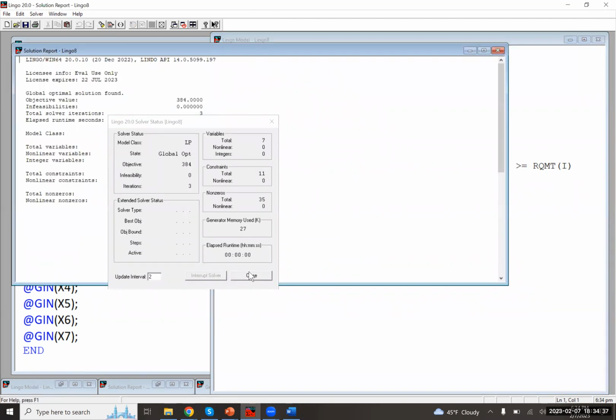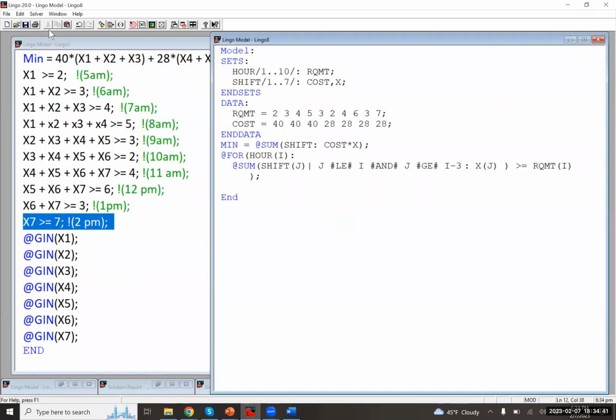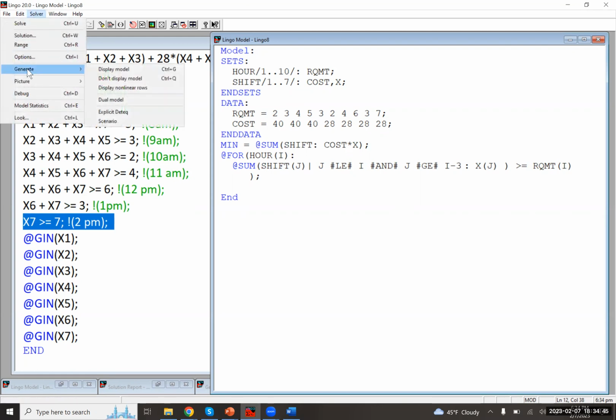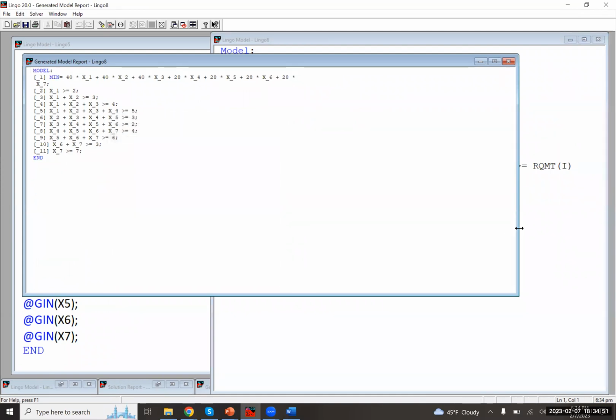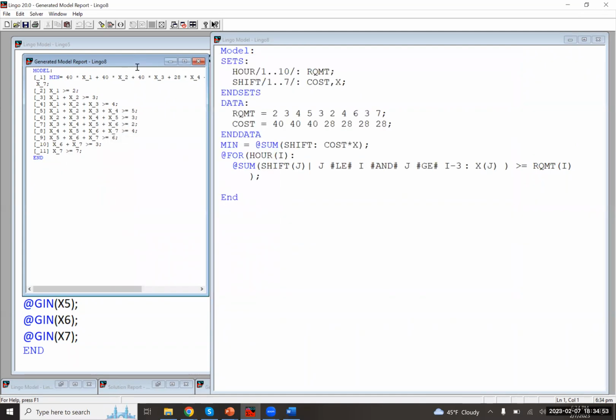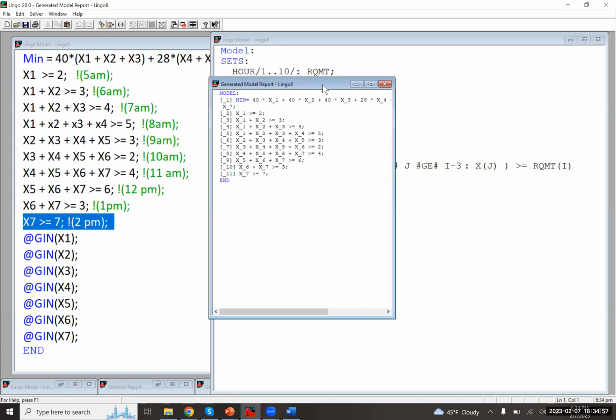Right now, I didn't mean to solve the problem, but I want to see the constraint sets. Based on our LINGO sets, this is what LINGO generated for our constraints.